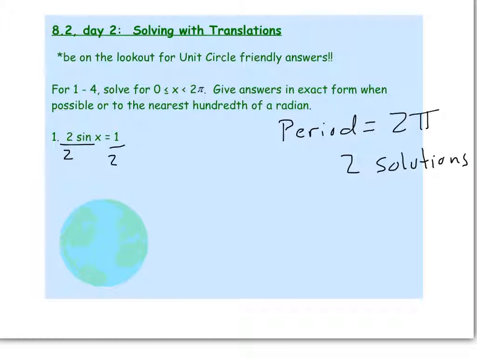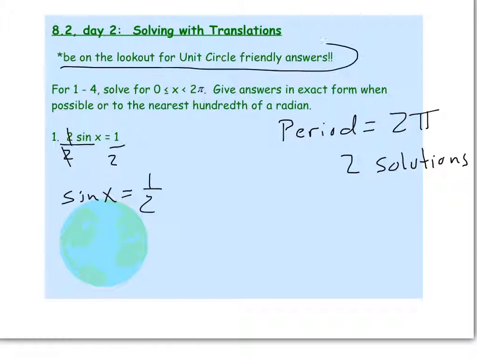First step here is to divide by 2 to get it in the form of something that I can use an inverse. Now I should always be checking for answers that are unit circle friendly, that they represent key points on the unit circle. This one does.